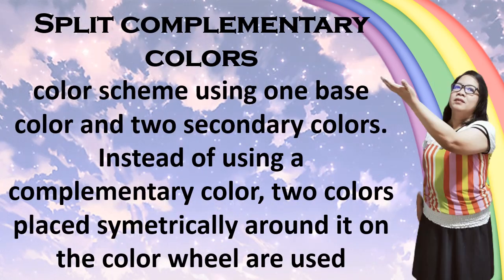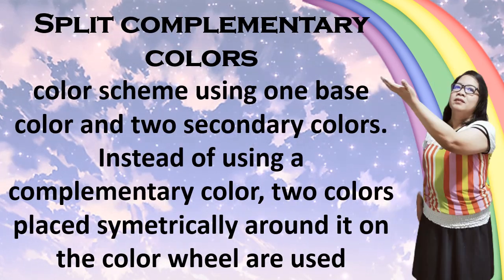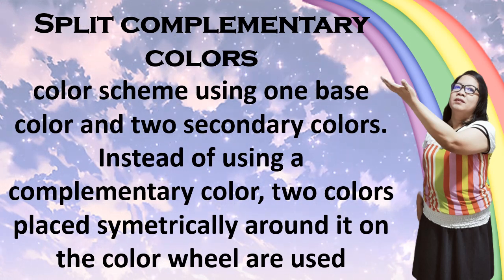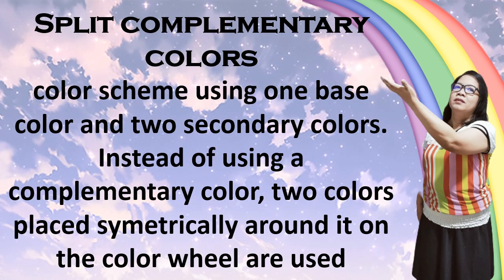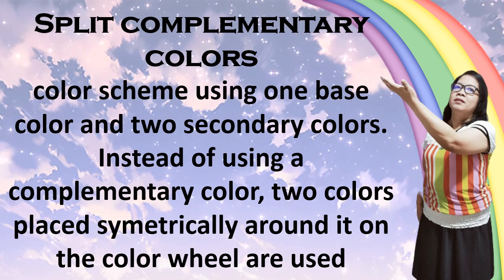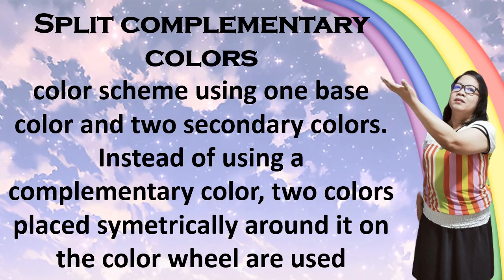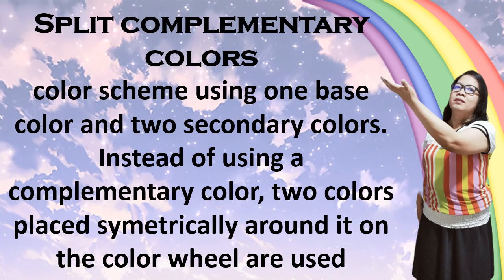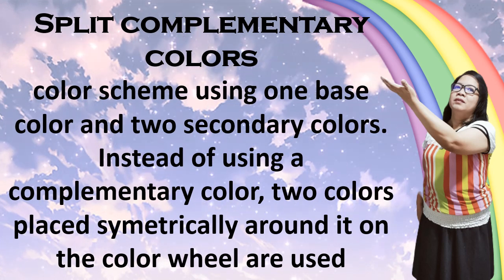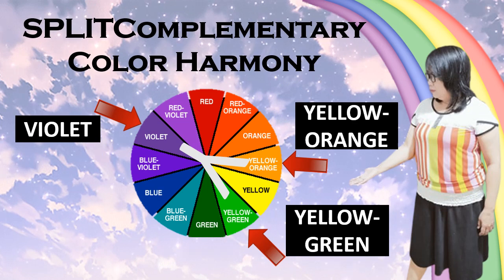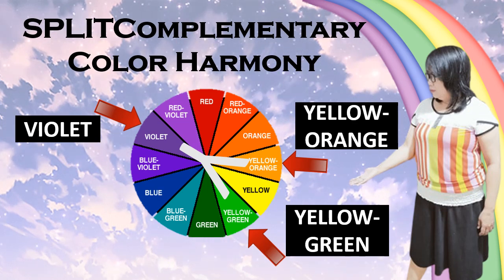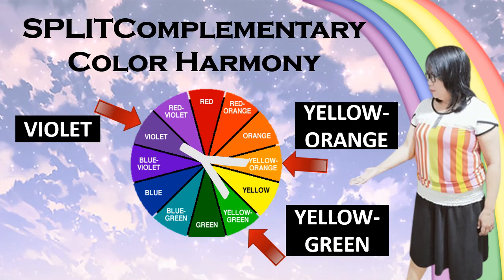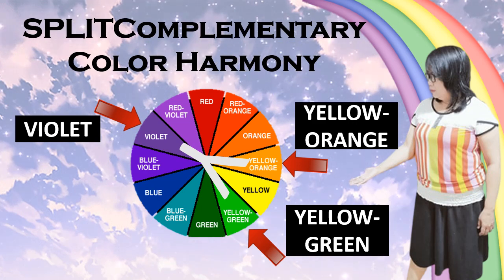Split complementary colors. Color scheme using one base color and two secondary colors. Instead of using a complementary color, two colors placed symmetrically around it on the color wheel are used. To better understand the split complementary color harmony, I have here an example.